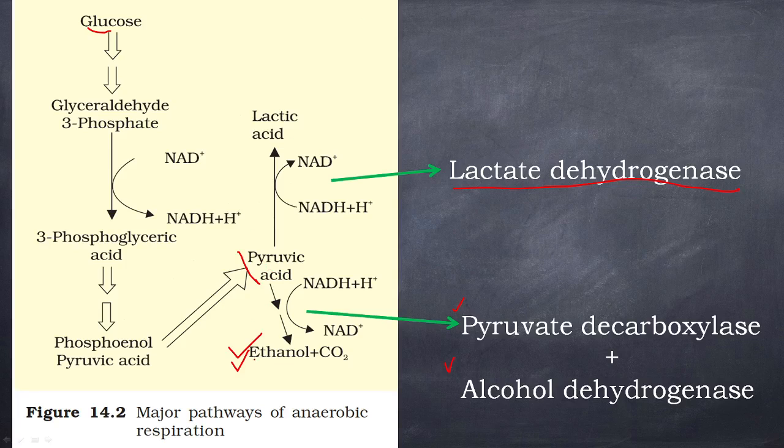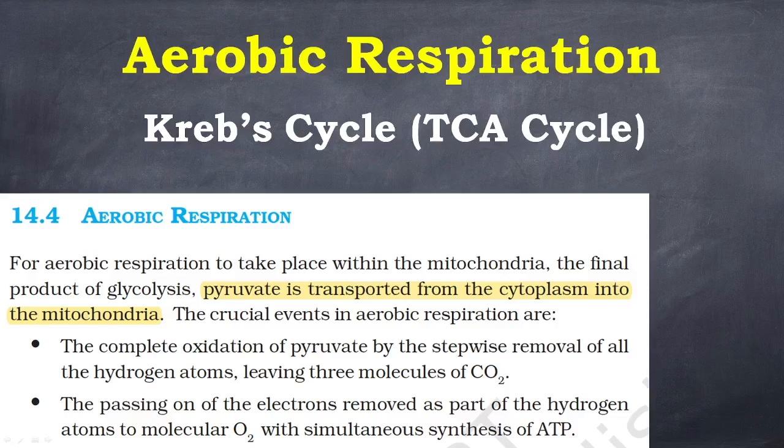They break down pyruvic acid into ethanol and carbon dioxide, and this is called alcoholic fermentation. Right, so these are anaerobic respiration. In the next video, we'll be talking about what happens to pyruvic acid in aerobic respiration, that is, what organisms that perform aerobic respiration do with the pyruvic acid of glycolysis.